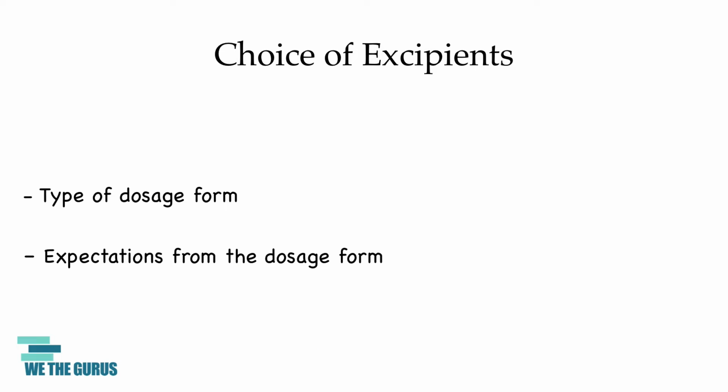Selection of inactive ingredients is based on many factors such as type of dosage form, for example, whether the final dosage form will be tablets, syrup, or gels. It also depends on our expectations from the dosage form. For example, how long of a shelf life is expected from the dosage form, and whether the dosage form is meant to be used internally or externally. We will discuss more details on excipients in a separate video.